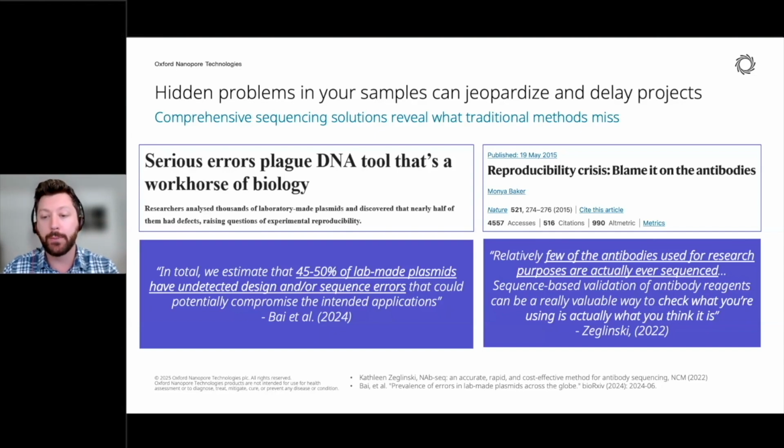And as they put it, sequence-based validation of antibody reagents can be a valuable way to check what you're using is actually what you think it is. And this, again, is where comprehensive profiling with Oxford Nanopore can truly make a difference for your group, giving you complete visibility into the constructs, the vectors, and the biological reagents that you depend on so that you can spot problems early before they cost you time and resource.